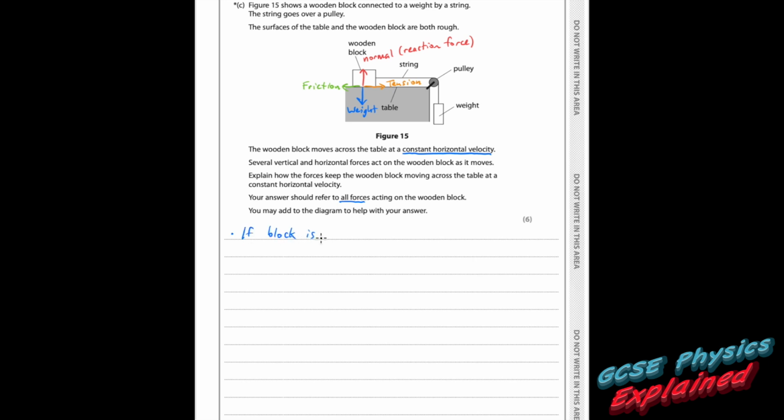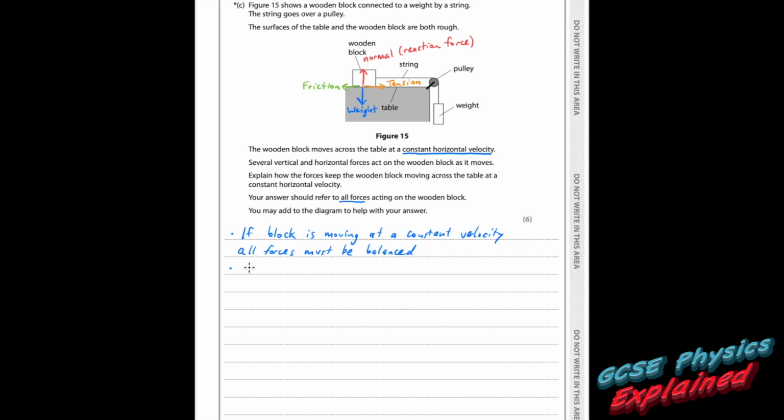So if block is moving at a constant speed or constant velocity, all forces must be balanced. Just going to rub that little block off there, because you won't, that's just 1 mark there.